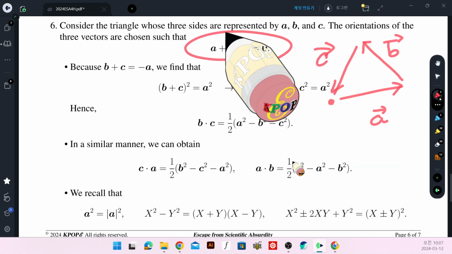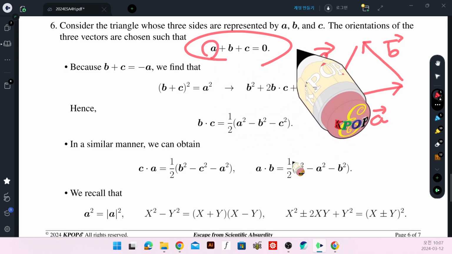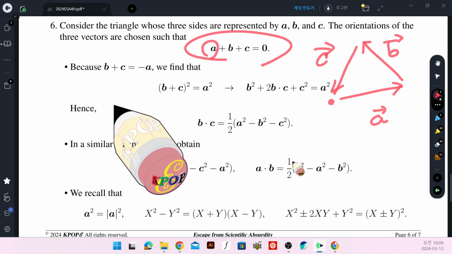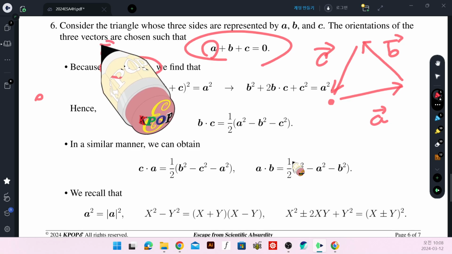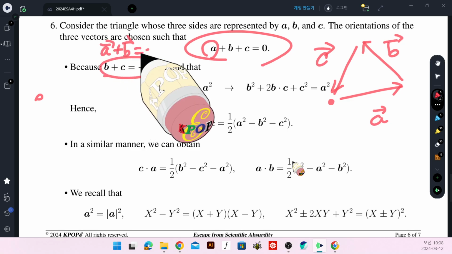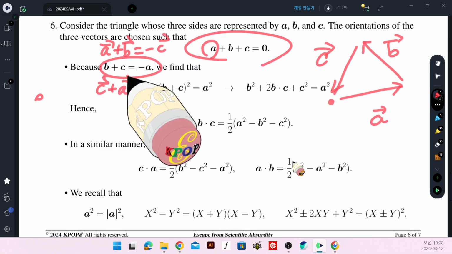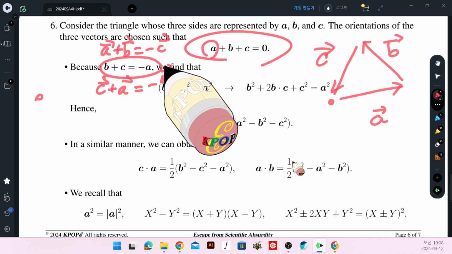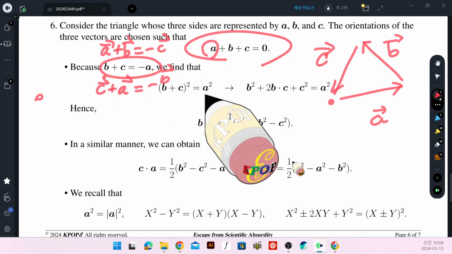Okay, because of this identity, I can always move one vector to the other side. So B plus C equals minus A, and A plus B equals minus C, and C plus A equals minus B, and so on. Why don't we square both sides?